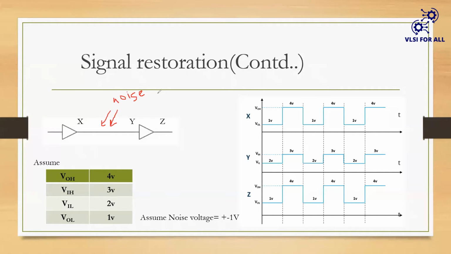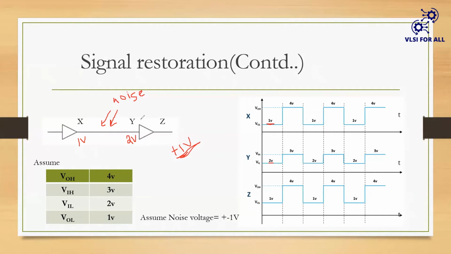Noise may interrupt the signal, so let's assume plus 1 volt during logic 0 transmission, because we know during logic 0 transmission positive noise will show the impact, so this one becomes 2 volts. From here it is coming like 1 volt only, but in the middle of the design, there is a noise of 1 volt, so now the Y is 2 volts.